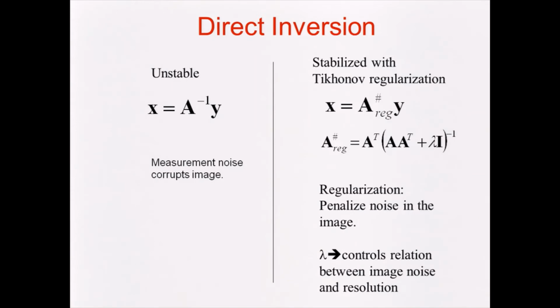And that's where, mathematically, we end up losing resolution. So in the end, we always have these regularization parameters that control the amount of regularization, the degree to which you're controlling image noise. And this regularization parameter will control the relationship between image noise and resolution.